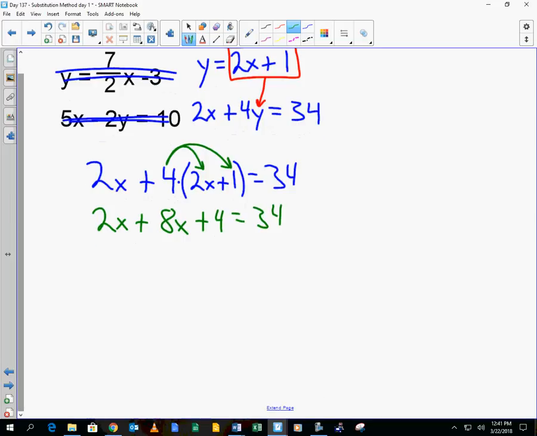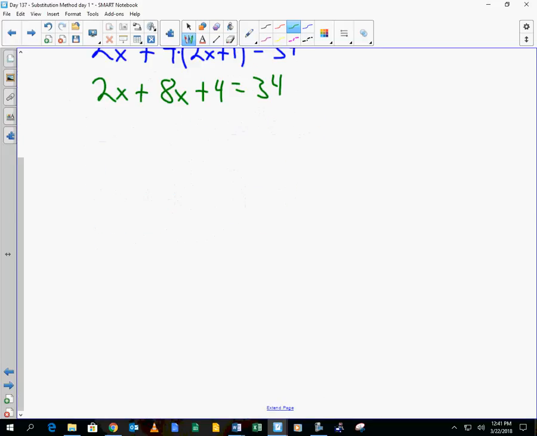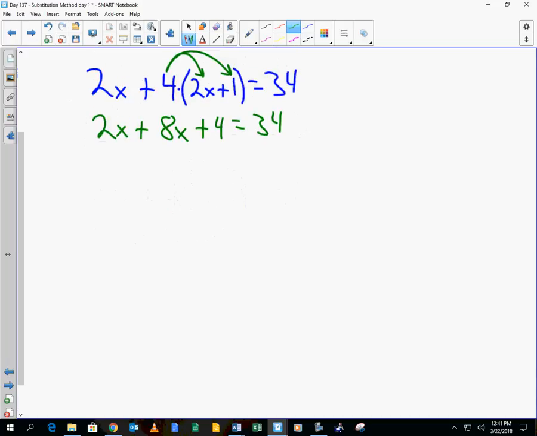Are there any terms that we can combine together on this side? What are the terms we can combine together? 2x and 8x make 10x, plus 4 is 34. I subtract the 4. Blake, eyes up here. Now what do we do? Divide by 10.